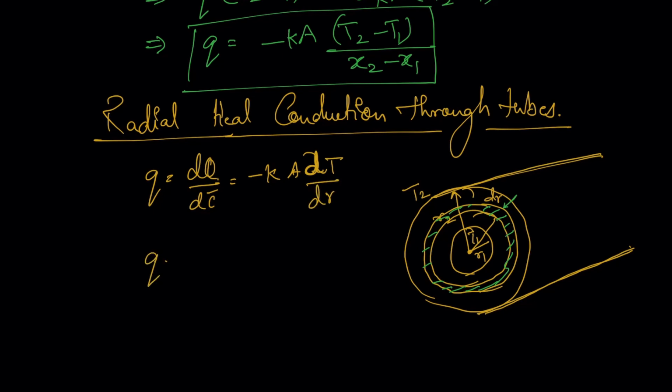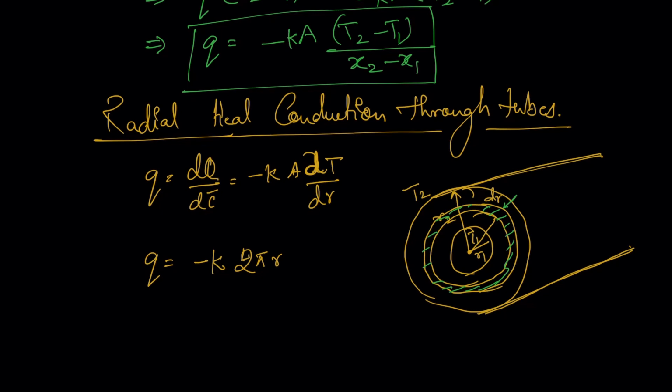What is A? A is the surface area normal to the flow of heat. So surface area will be 2 pi r l, where l is the length.